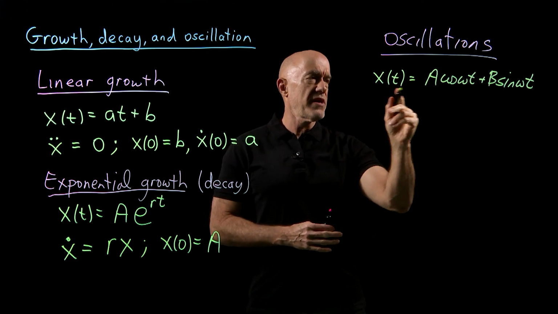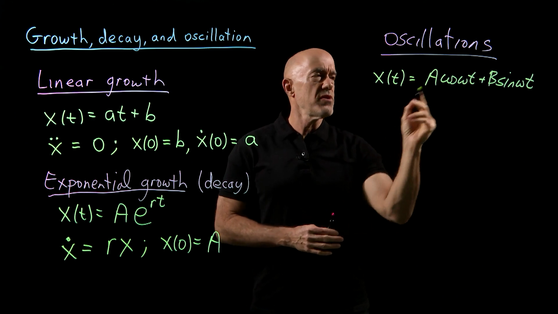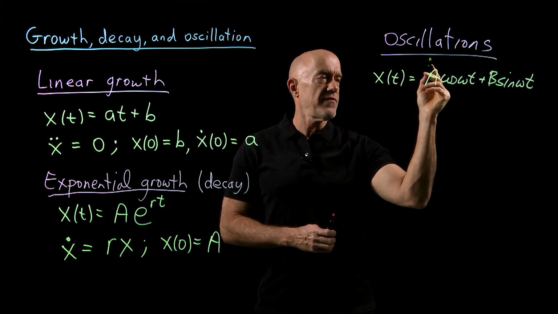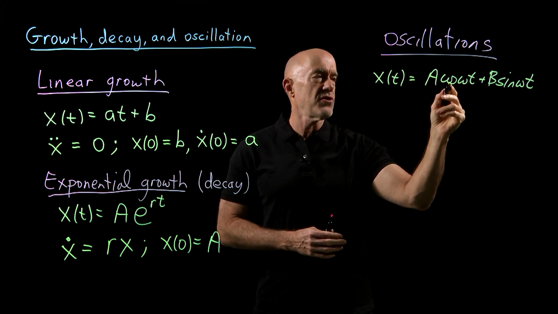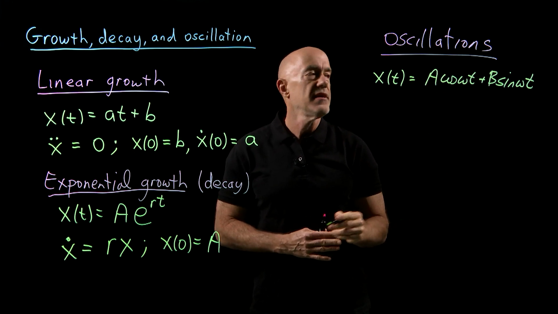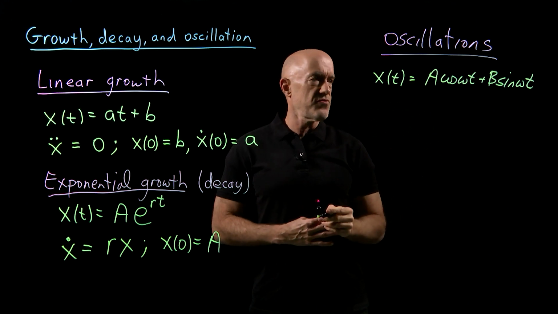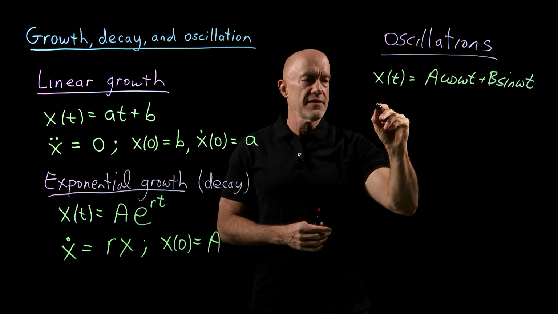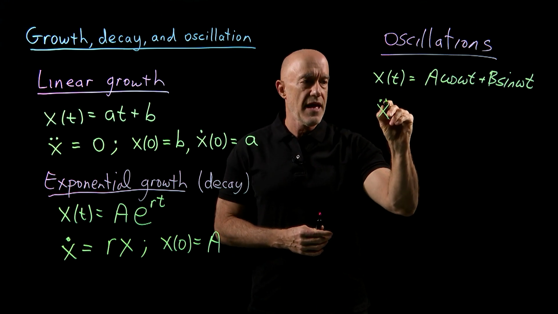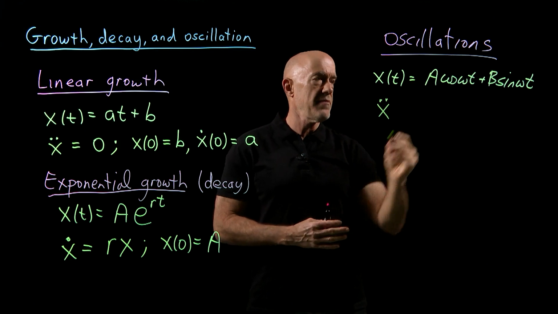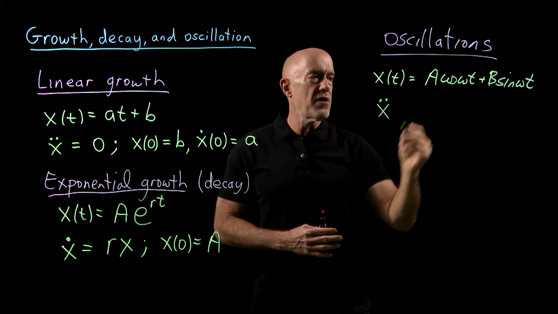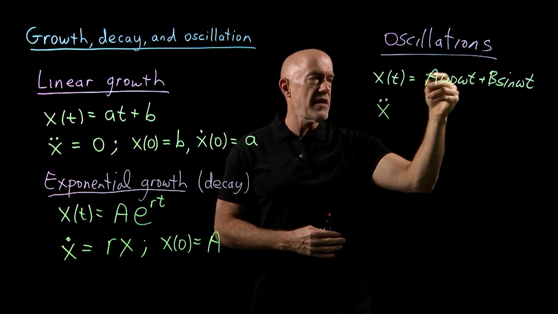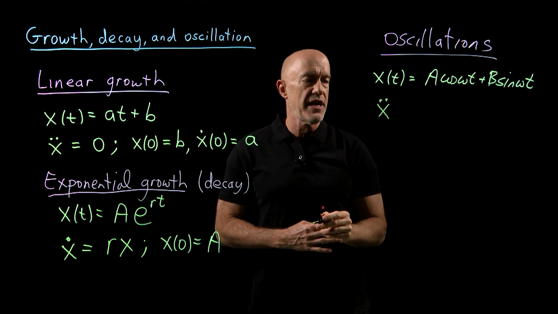What would be the differential equation here? Well, we know that the first derivative of cosine is minus sine, and the second derivative of cosine is negative cosine. So let's use the second derivative here. If we take the second derivative of x with respect to time, we would get a negative cosine and a negative sine, but we pull out an omega squared using the chain rule.